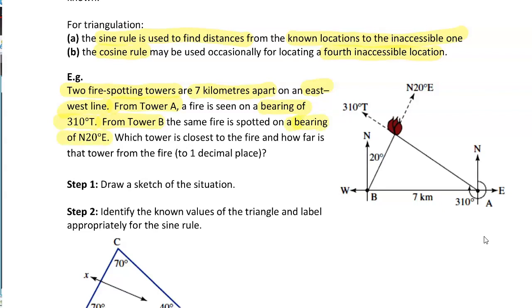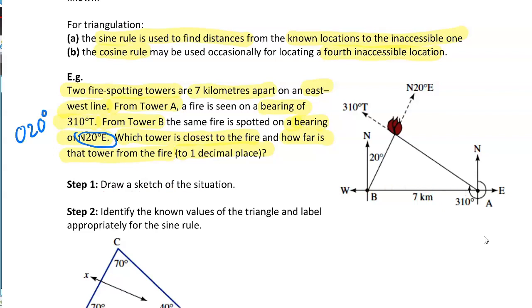Now, let's look at this for a second. That will translate to 20 degrees true. Which tower is closest to the fire, and how far is that tower from the fire to one decimal place? Our first step is to draw a sketch of the situation, which we've got here.